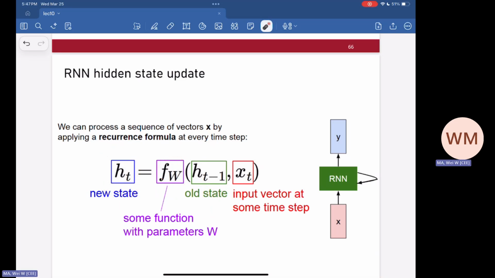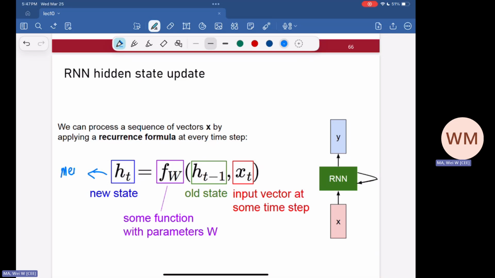That means your RNN is maintaining a state h_t, and this h_t is updating every time. So think of this as some memory. Because this is sequential data, you have to memorize what happens before.